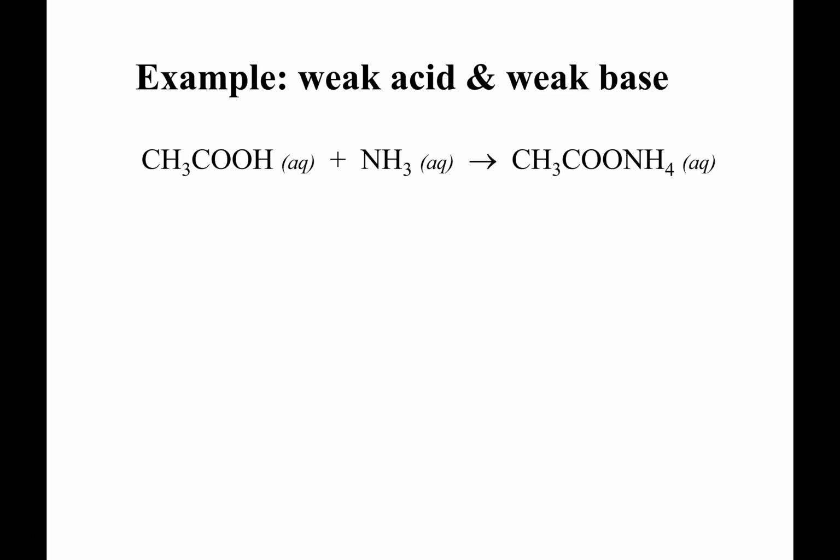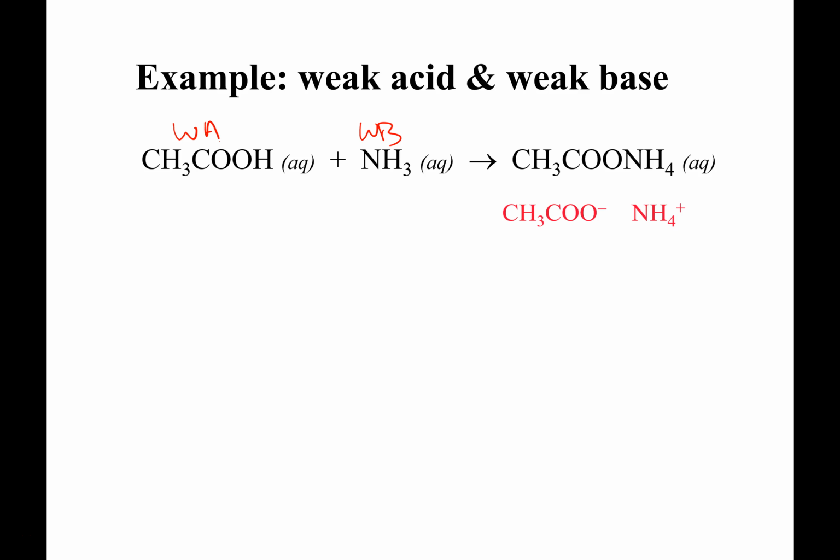Okay, the last example, we'll pick up the weak acid we had before and the weak base we used before and see what that looks like. As far as something ionizing entirely, I think it's just the ammonium acetate that breaks apart. So for our net ionic equation, there's nothing to cancel, is there?